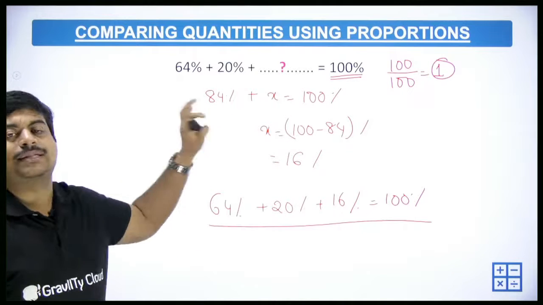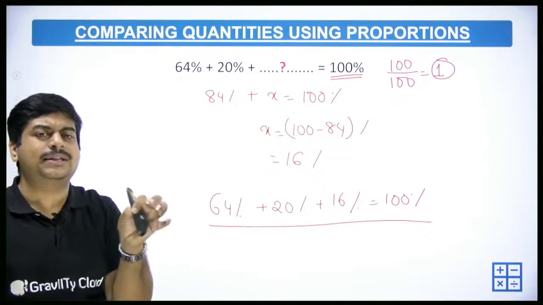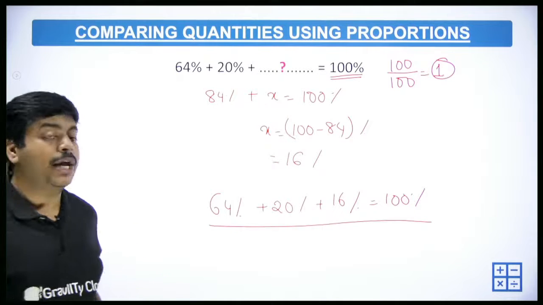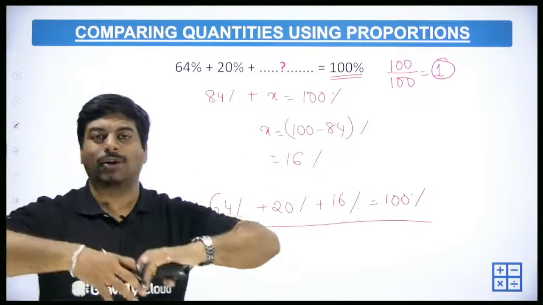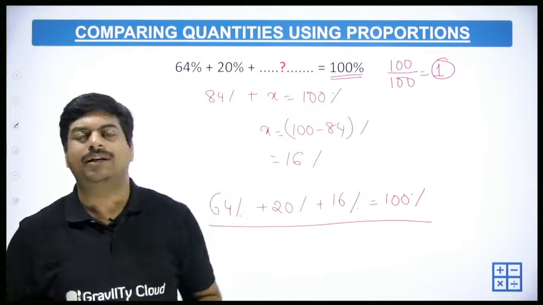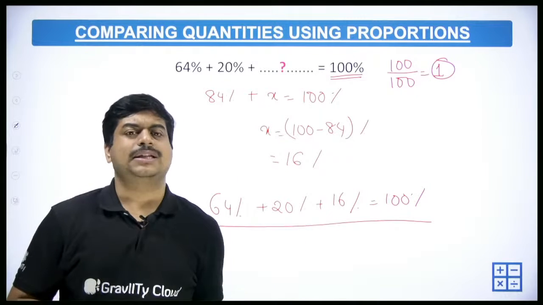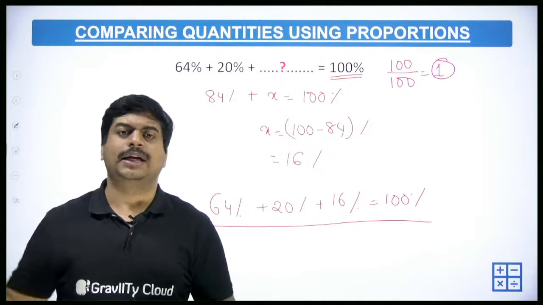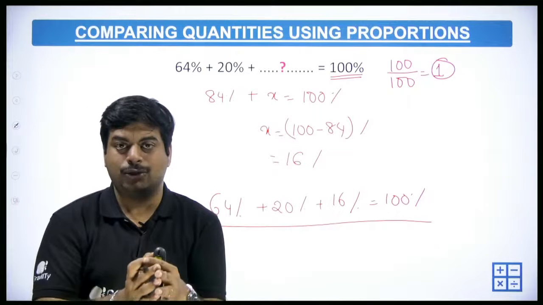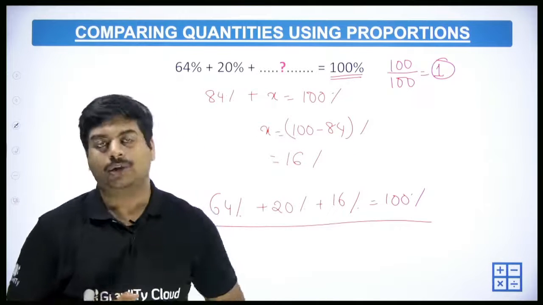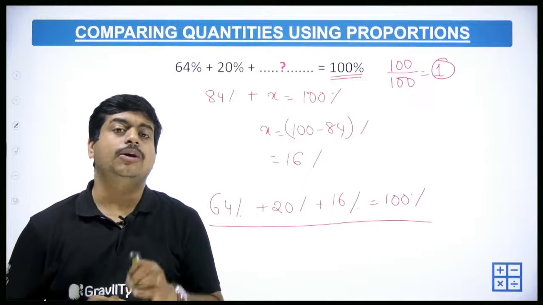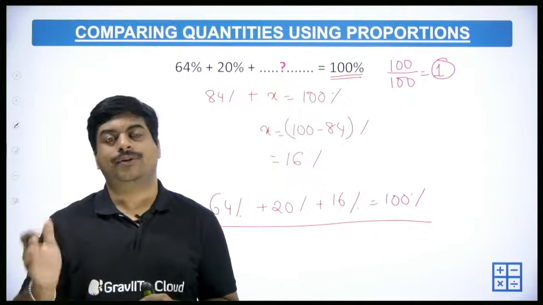So always the sum of the percentages in one situation will be equal to 100. You cannot combine multiple situations and say, sir, it is crossing 100. In one case, let's say you got 90%, and in another case some other person got 90%, and you cannot club these to say you got 180% in total. Percentage we only talk about per 100, which means it cannot cross 100.